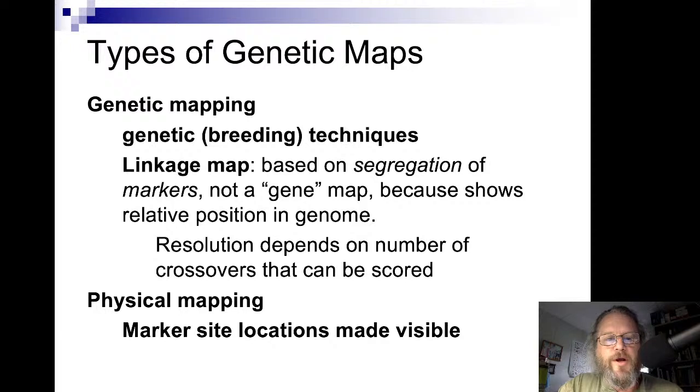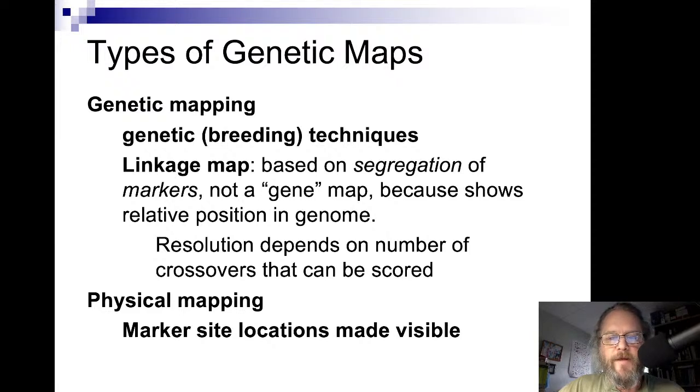So just working in inverse here, the kind of genetic maps that we're talking about are those that you generate through breeding techniques, which is a long way of saying that you have to have different and numerous kinds of offspring that differ in particular ways genetically, so that you'll be able to do a linkage map. Linkage map, if you recall, is the idea that you're relying on recombination between 2 points on the chromosome.